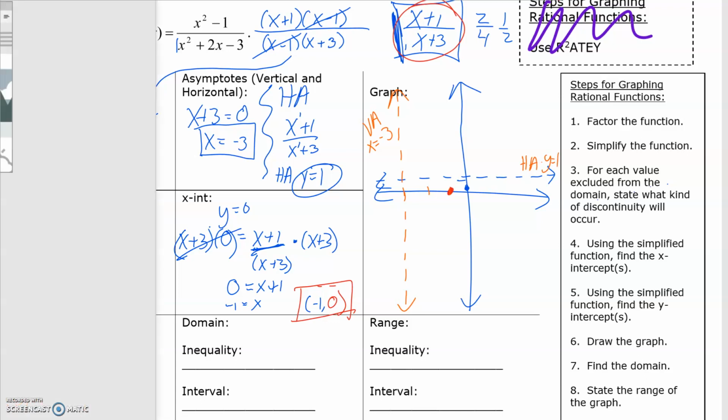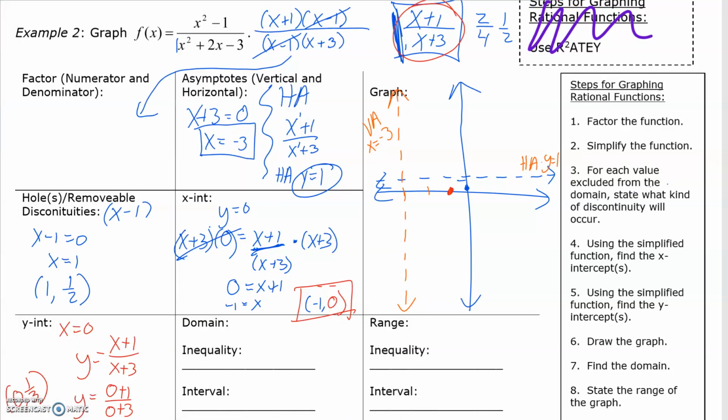As we're approaching, we're going to start here and go all the way down. Now for our other graph, it's going to be reflected, up here. This is just a sketch.